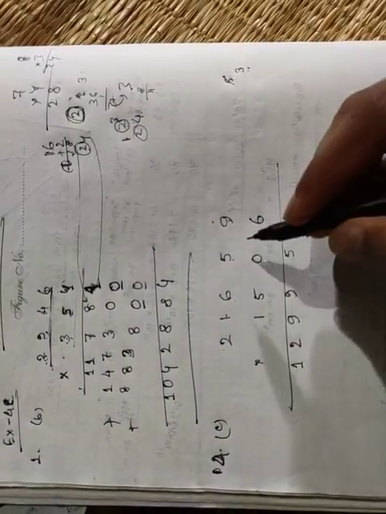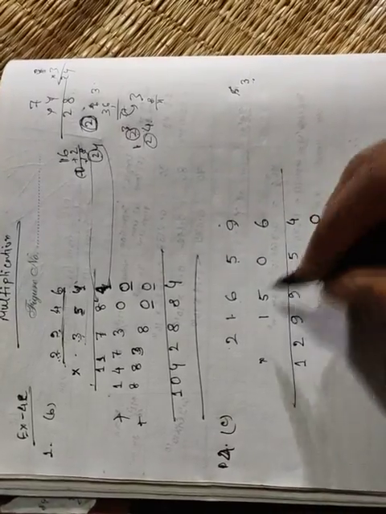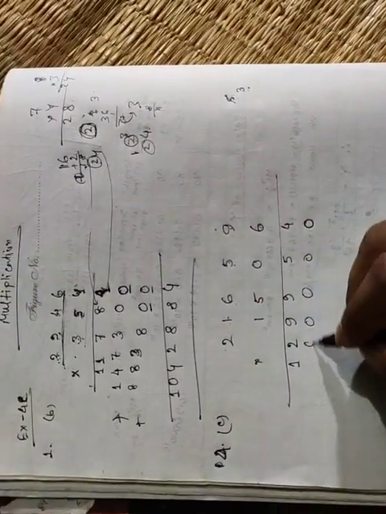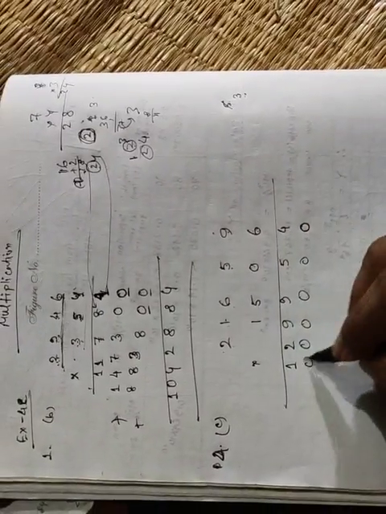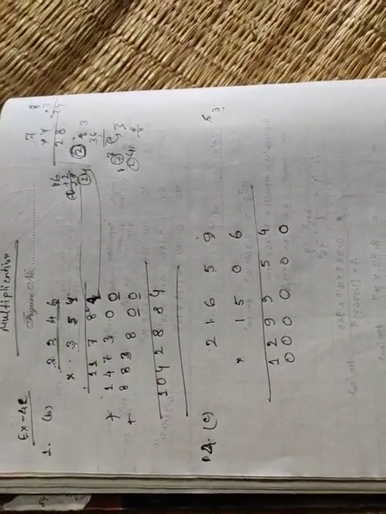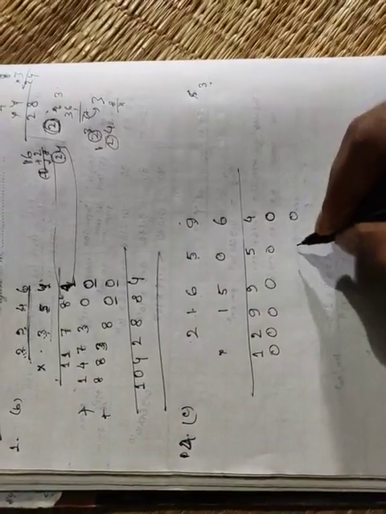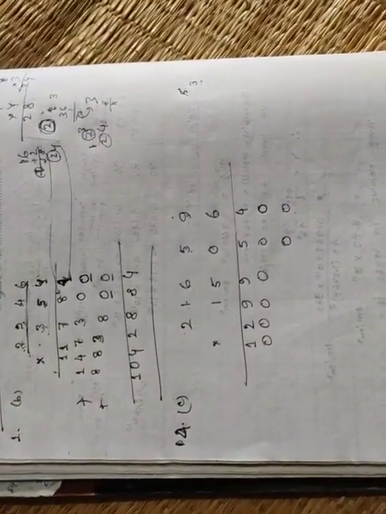Next multiplication: 0 9s are 0, 0 5s are 0, 0 6s are 0, 0 1s are 0, 0 2s are 0. Okay. In the next step I have to put 2 zeros from the right side.